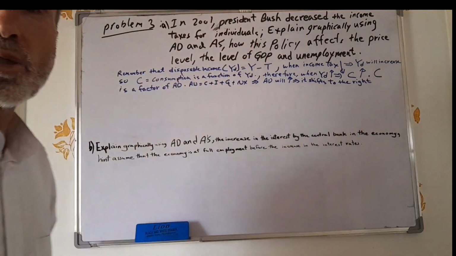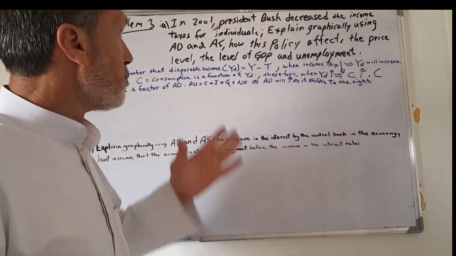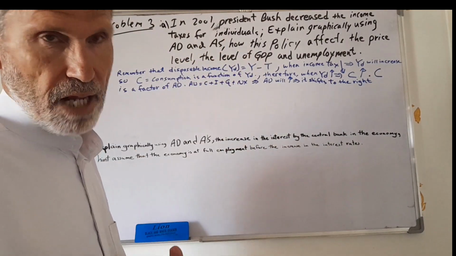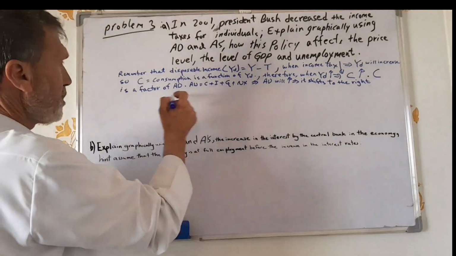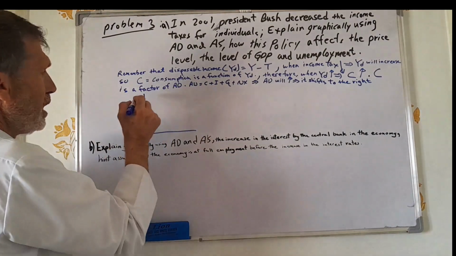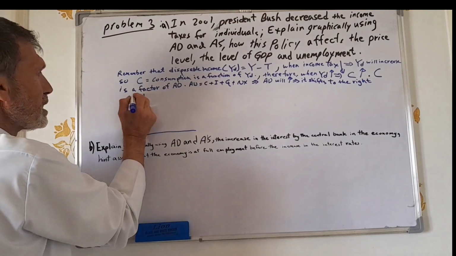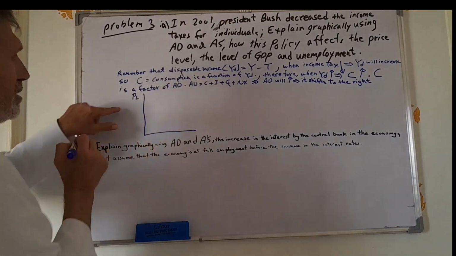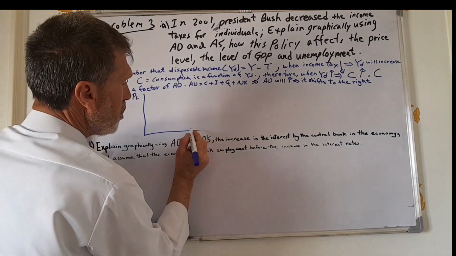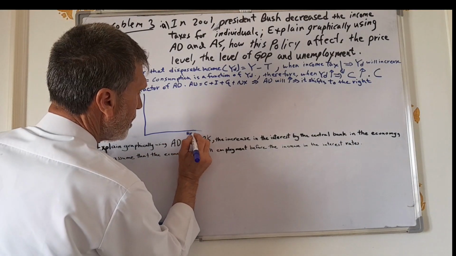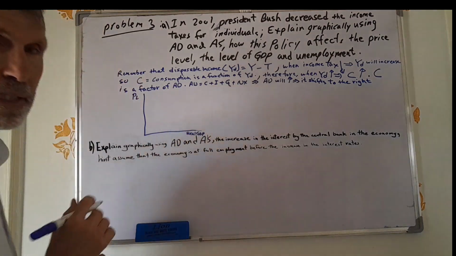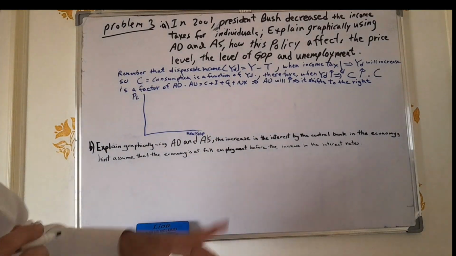Now, let us show that graphically, because he is asking you to show the problem graphically. So let's graph this. Look over here. We draw an XY plane. Along the vertical axis, we put the price level, and along the horizontal axis, we put real GDP. Okay? Now, we draw the aggregate demand, which is downward sloping.